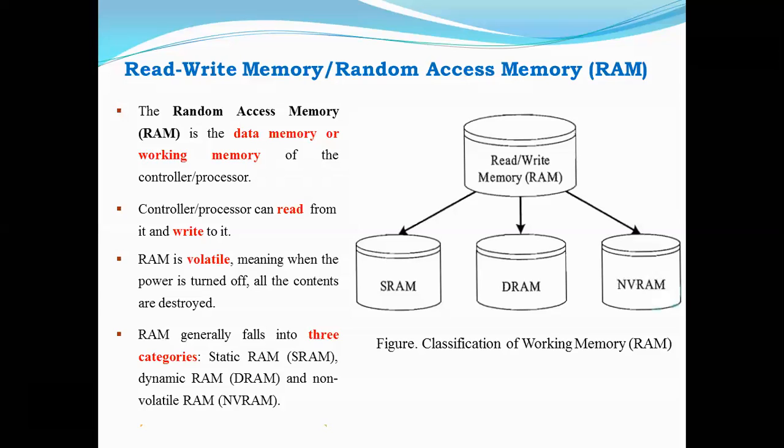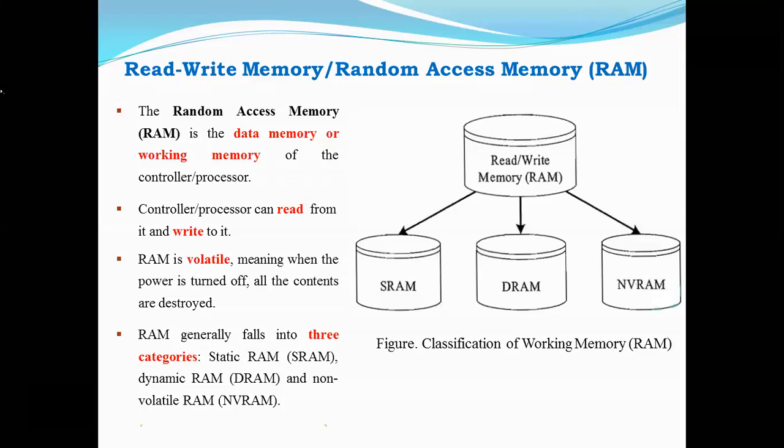Here you can read as well as write, but it is volatile, that is, when the power is turned off, all the contents are destroyed. Whereas the ROM is a non-volatile memory. The contents are not destroyed when you turn the machine on again, right?